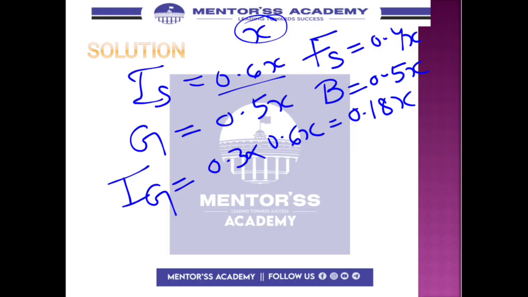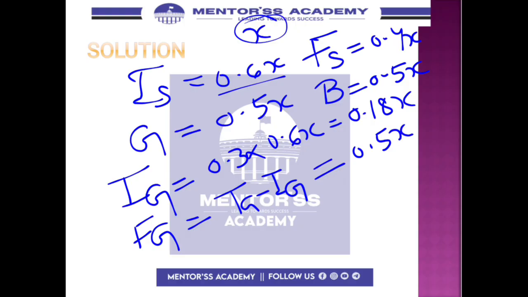So that implies the number of foreign girl students equals total girls minus Indian girls. Simple, right? Total girls are 0.5X. Indian girls are 0.18X. That implies foreign girls are 0.32X.